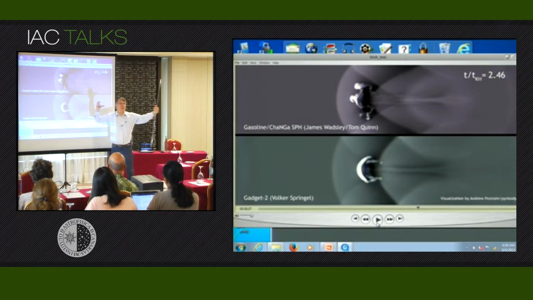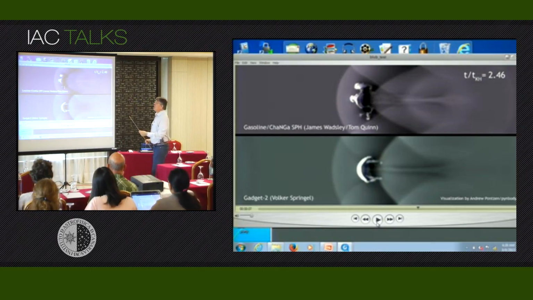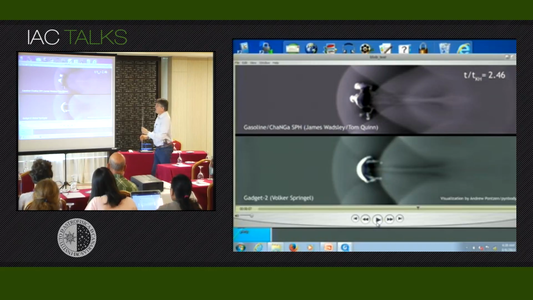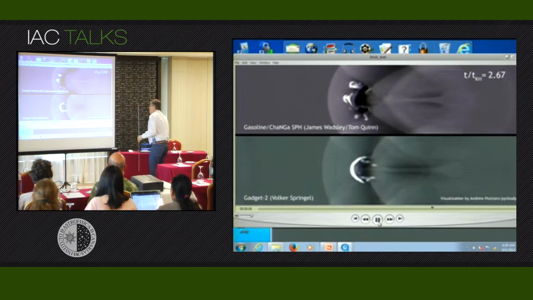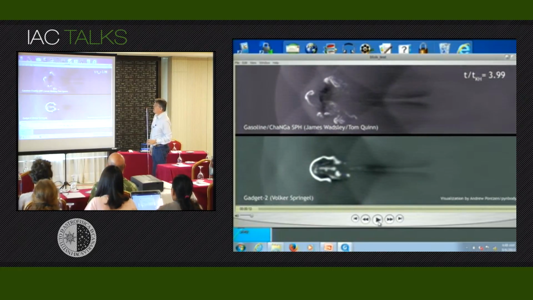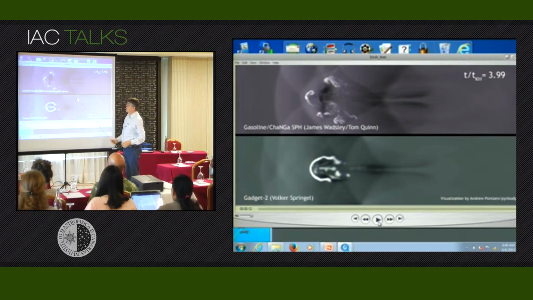First of all, you can see the bow shock developing as it goes upstream. As the gas flows around this object, Bernoulli's equation tells you that there should be low pressure on the sides here, so the blob gets extended in the direction perpendicular to the flow, which is what should happen. Both codes did that. But what doesn't happen in Gadget, which does happen in this modification to SPH which they call Changa, is that the Kelvin-Helmholtz instabilities should cause this surface over which gas is flowing to disrupt, and it just doesn't.